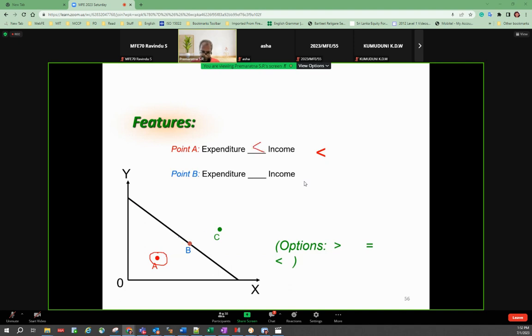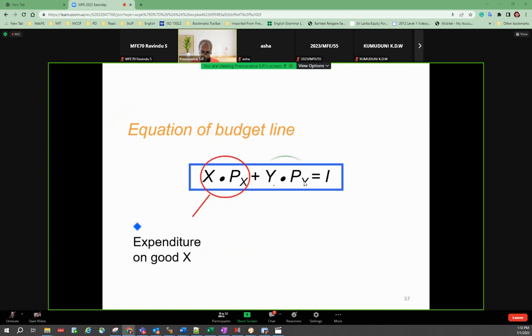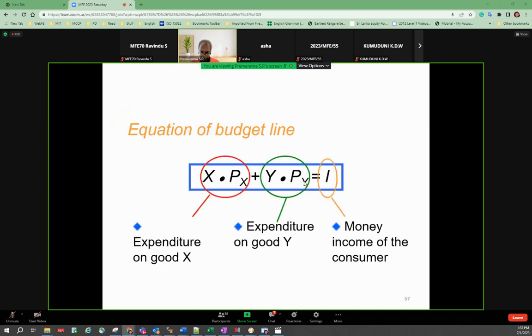Because the income is here, there is point B, where the expenditure is equal, the amount you spend. At point C, the expenditure is greater than the income. Now, what we discussed before, the slope of the budget line, these two goods: this is how much you spend for X, how much we spend for Y, and total money income.